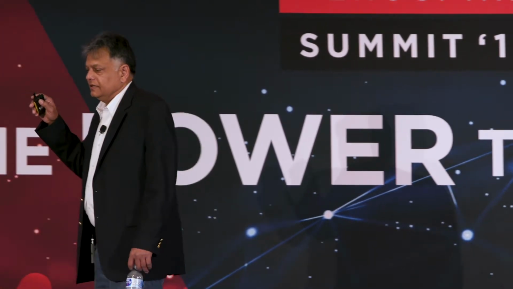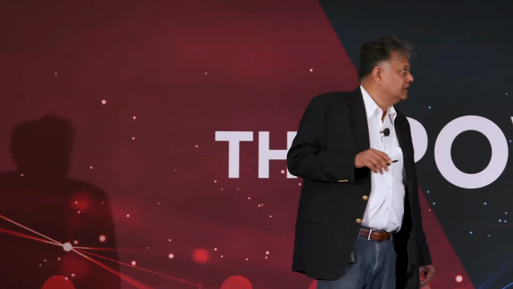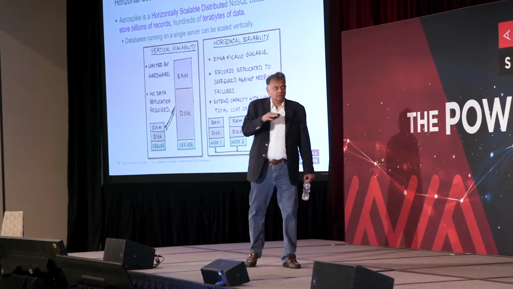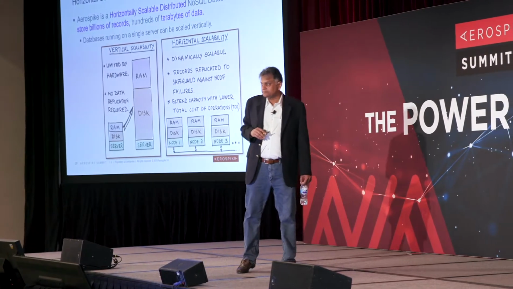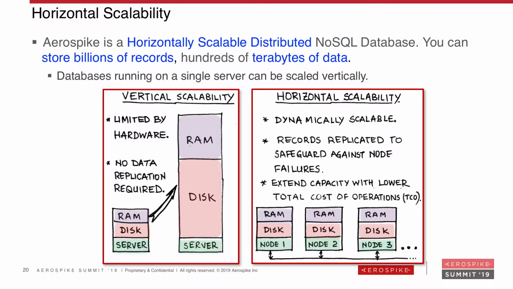In relational databases that are running on a single node, as your data grows, your only option is to vertically scale it, right? Add more RAM or add more disk. Why do we go to distributed databases? Because they give us the capability of expanding capacity horizontally. And the price we pay is dealing with node failures and partition tolerance.